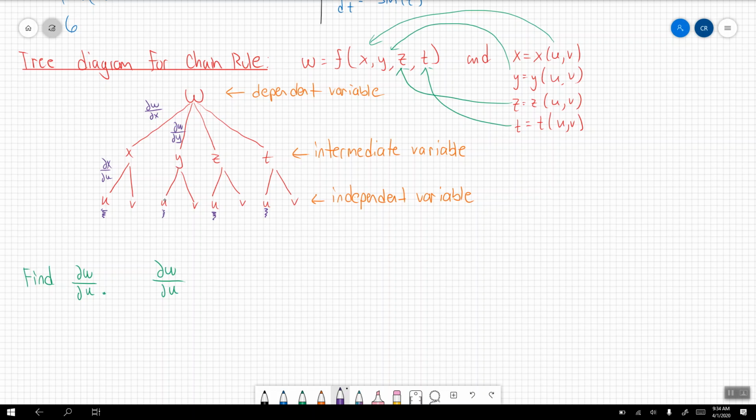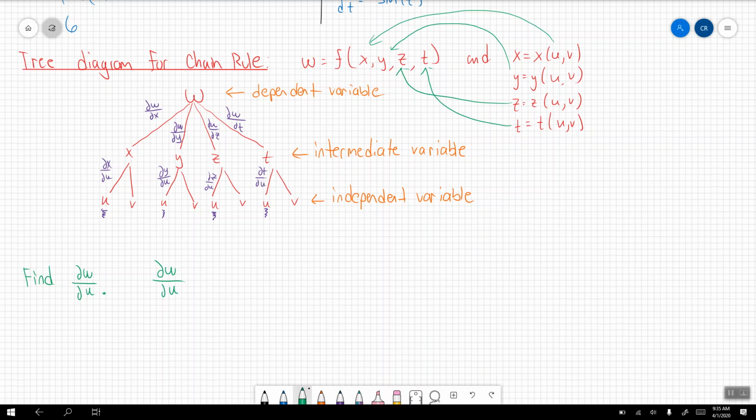Second branch goes from y to u, which means this is the partial of y with respect to u. We need to go down the third branch. That's going to be the partial of w with respect to z, and then the partial of z with respect to u. Going down the last branch to capture that last variable for u, it's the partial of w with respect to t, and then the partial of t with respect to u.